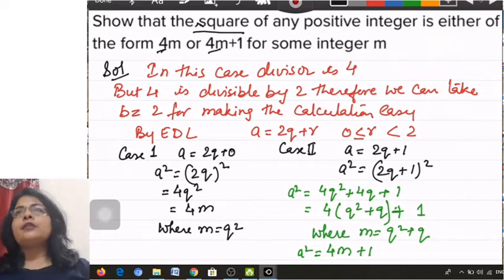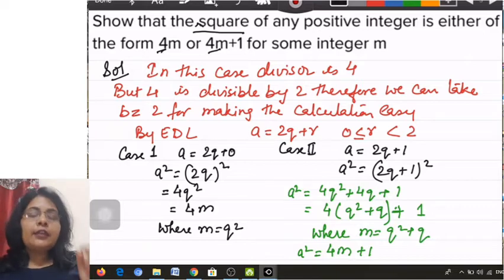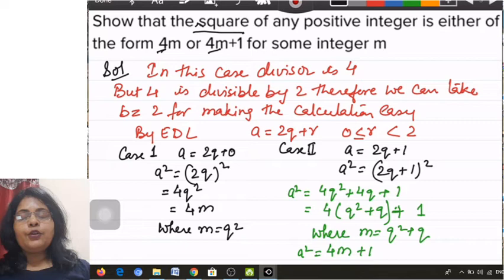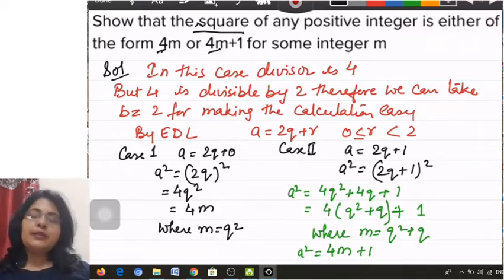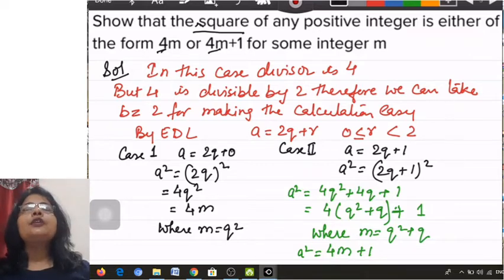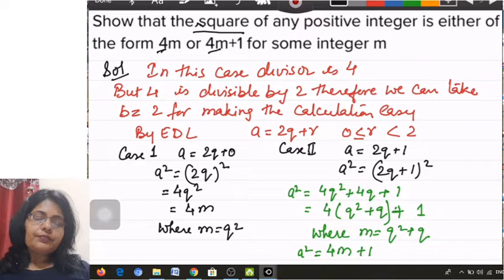According to this, the divisor is 4. But one thing we can keep in mind is that 4 is divisible by 2. Therefore we can take b equal to 2, because 2 2s are 4. So we can very easily take b equal to 2, because it makes our calculation very easy.